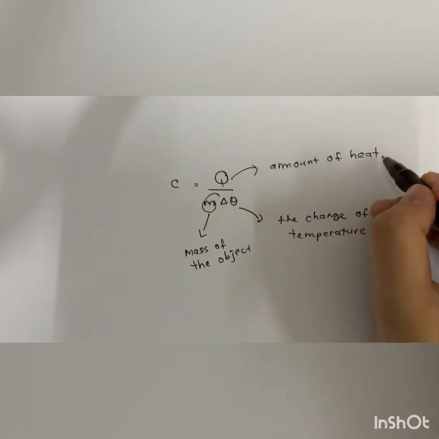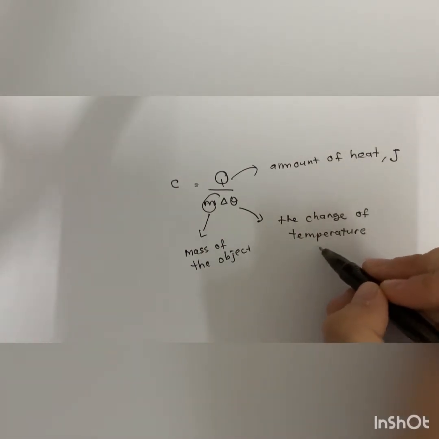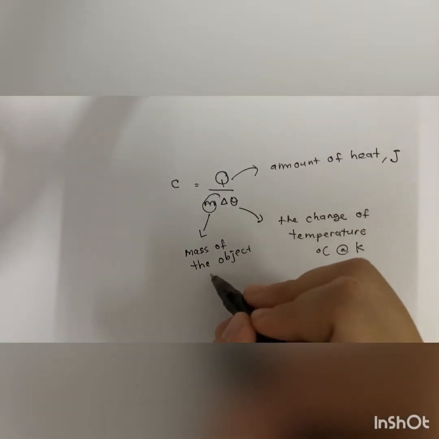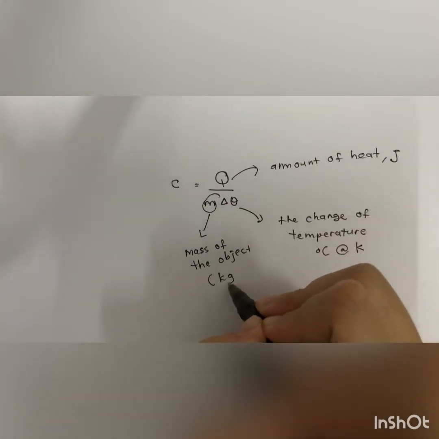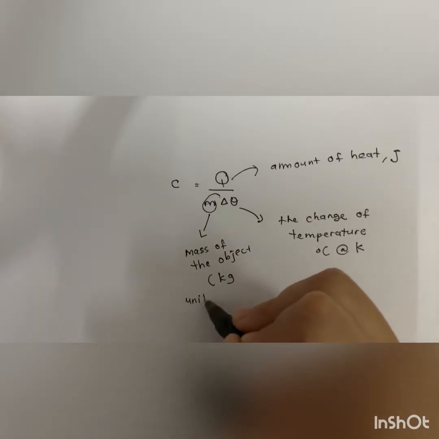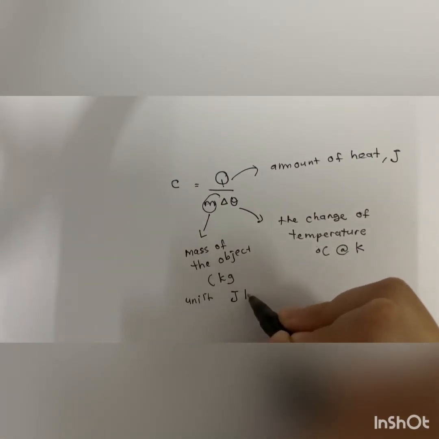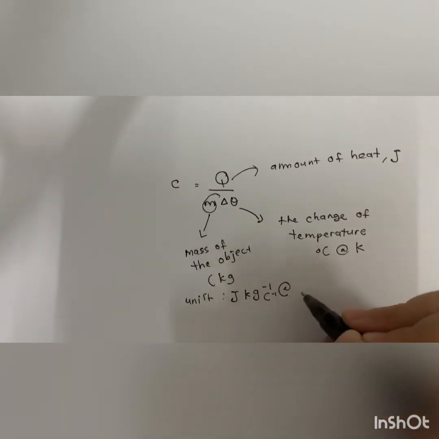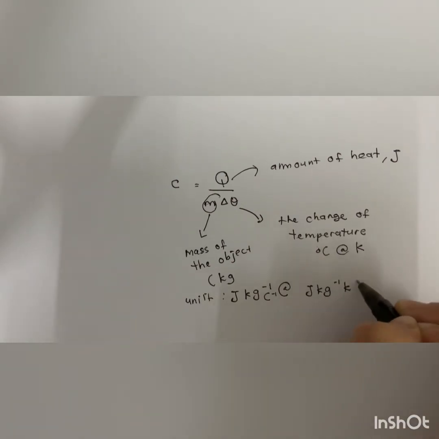The unit for heat is joule, for delta theta the unit is °C or K, and the mass of the object uses kg. So the unit is either J kg⁻¹ °C⁻¹, or J kg⁻¹ K⁻¹.